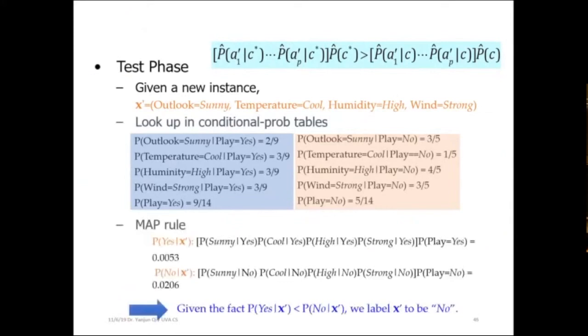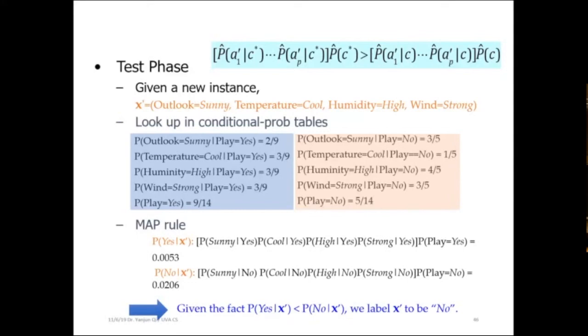The first gives you 0.0053, the second gives you 0.02, and this is bigger. So that's why we predict this as no. Is it clear? This is exactly how you're going to implement a naive Bayes classifier in your homework.